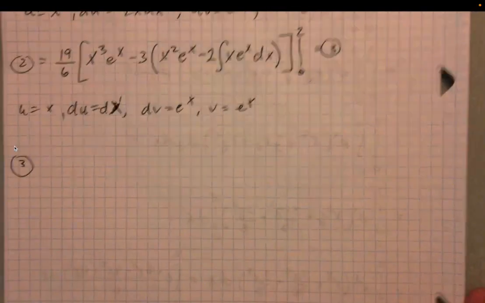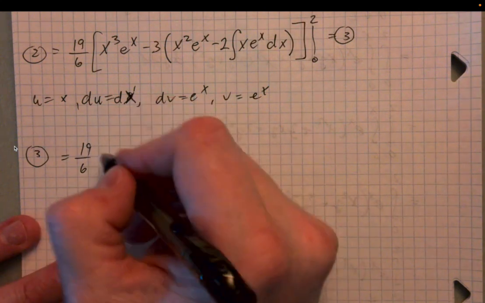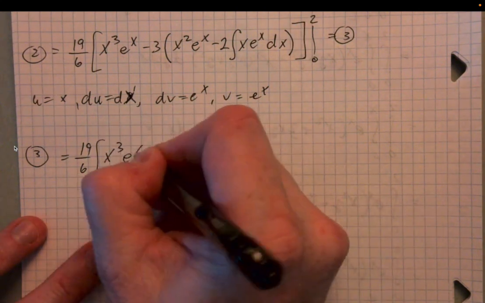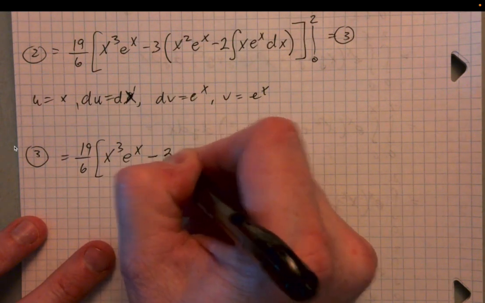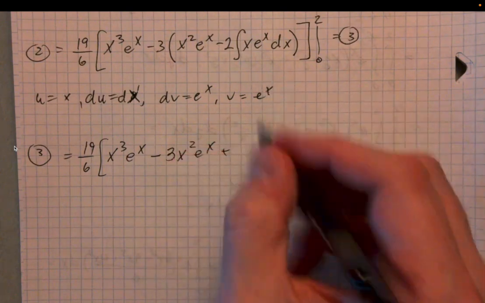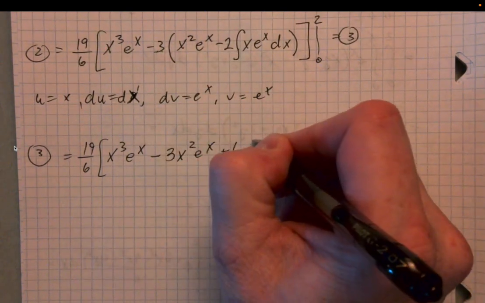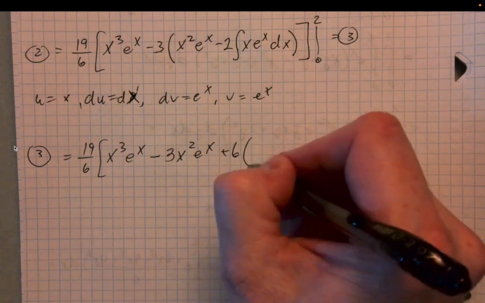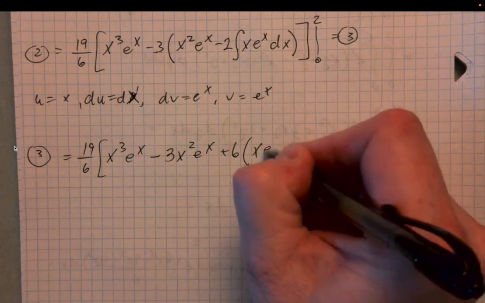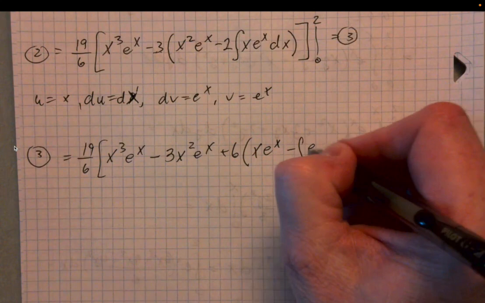Okay. So for this last one, this will be the last one, we get x cubed e to the x minus 3x squared e to the x plus, now you have to remember to multiply these through, so you get plus 6 times, and now here's the last part you plug in, and you get x e to the x minus the integral of e to the x dx.